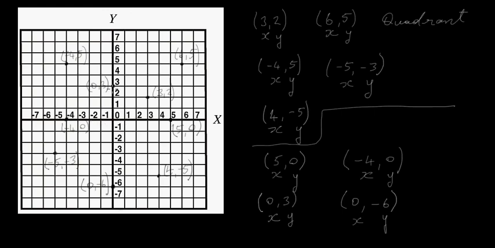You're only moving up and down the y-axis, so only the y values are going to change. So for all points on the y-axis, x will be 0. For all points on the x-axis, y will be 0. And that's it. That's plotting points on the xy plane, or the Cartesian plane.